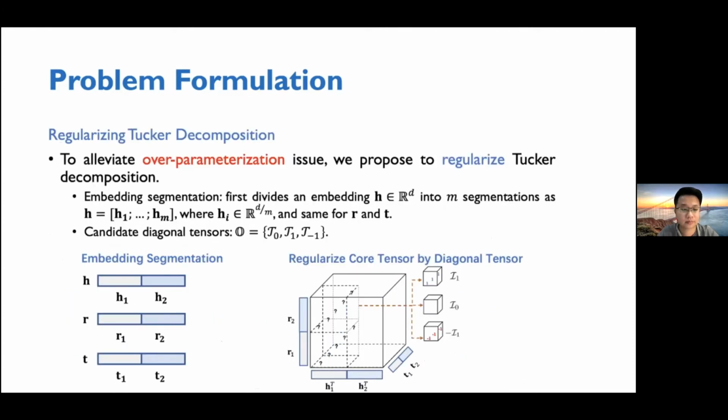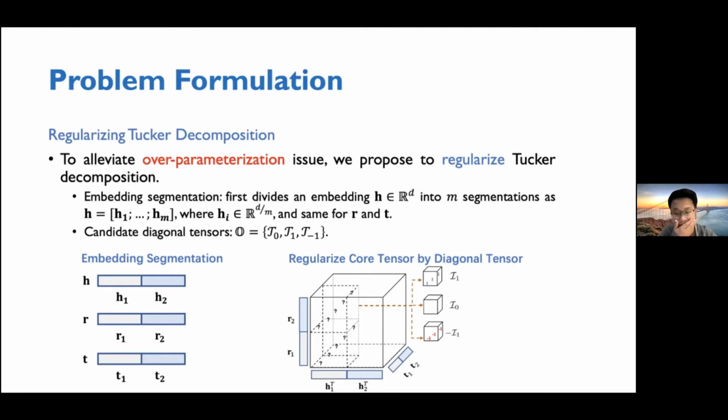To alleviate the overparameterization issue, we propose to regularize the Tucker decomposition. First, we do the embedding segmentation. We divide an embedding into multiple segments as h equal to h1 to hm, and the same for the relation embedding and the tail entity. Then we define the diagonal tensors.